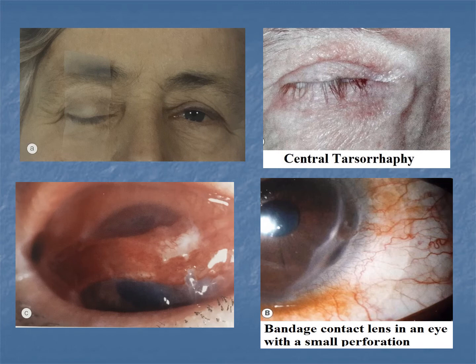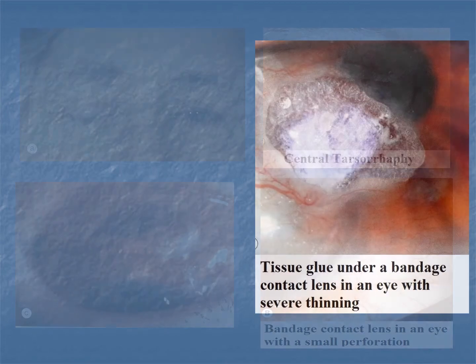And in picture C, we have the conjunctival flap. This is the Gundersen conjunctival hood flap. And in picture B, we have used the bandage contact lens in an eye with a small perforation. It promotes the corneal epithelial healing, and the perforation is sealed later on.